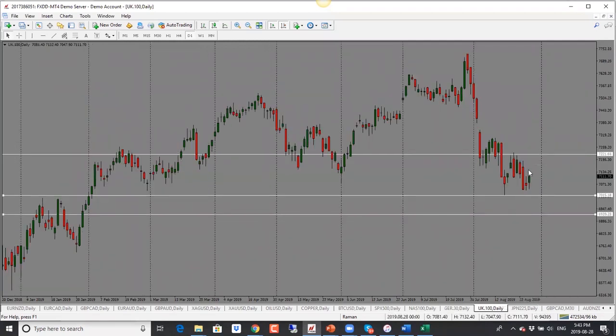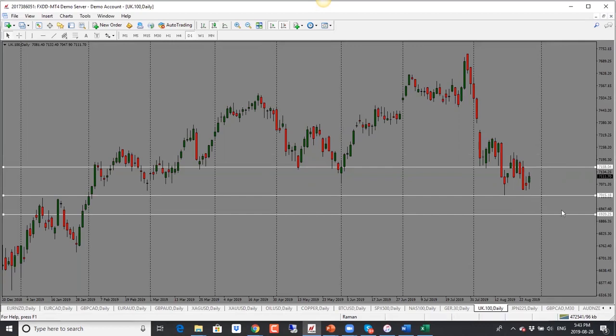FTSE here, FTSE has moved back a bit. So we have a bullish candle close here. So this one is bullish, I would say. I'm looking for price to go towards 71.50, and if it's still strong, it could go towards the high of this one.